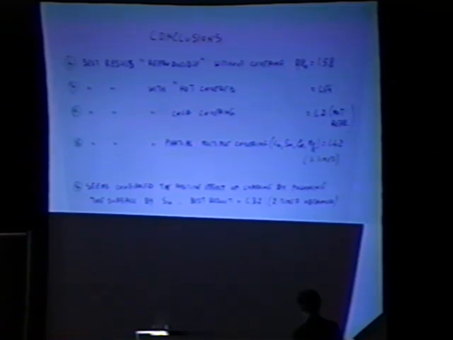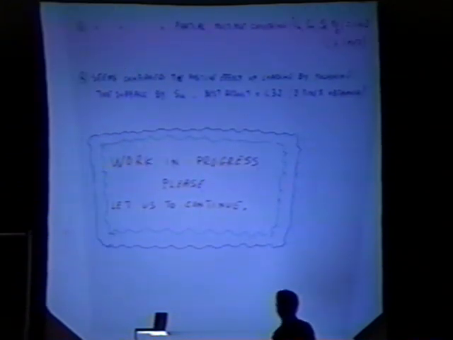And there is some good effect of partially covering the surface with copper, calcium, and so on, 1.42. And moreover, there is another effect. We optimized, we increased the thin protection, and we got 1.32 two times. So I want to say to people, the work is in progress, please just continue.